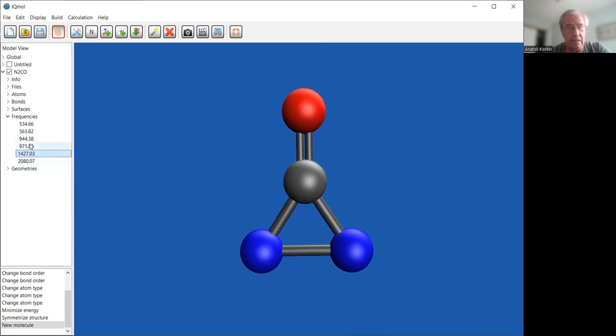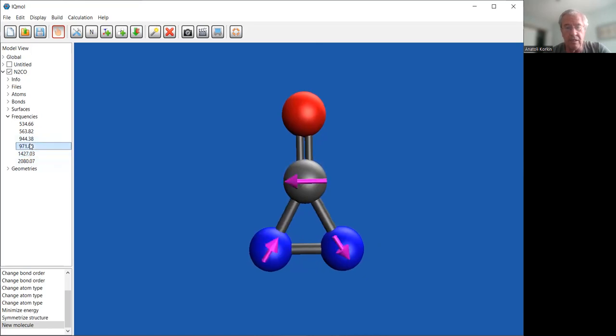Okay, so let's go to the next one. This vibration has a vector corresponding to axis X, and since it's in plane, it will obviously be either A1, but it's not A1. Since it's in plane, it belongs to B1.